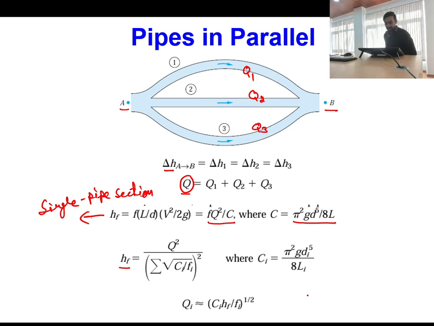Of course, we can use this general form, but for the majority of flow situations, because this situation is very simple, we need not even remember it. We can analyze this problem fundamentally by just equating the first two equations. And if you have to find the flow rate through an individual branch using this generic relation, it can be approximated as the square root of Ci times head loss divided by fi, the friction factor of that particular pipe.